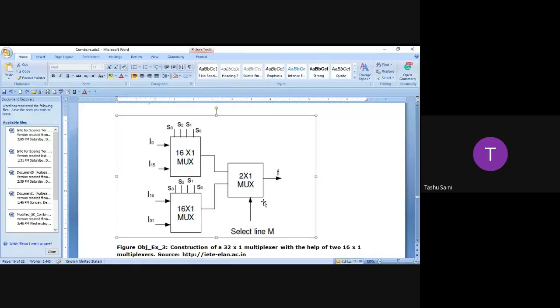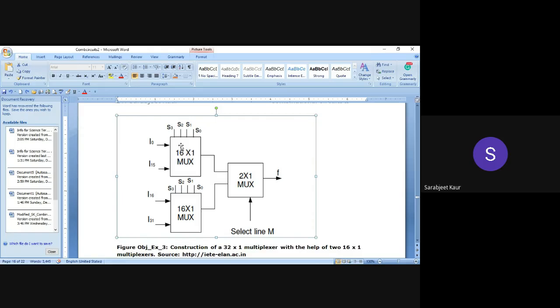Now let us contrast this with a 16 cross 1 mux. You can see a single 16 cross 1 mux here. How many inputs will it have? 16, starting from I0 to I15.